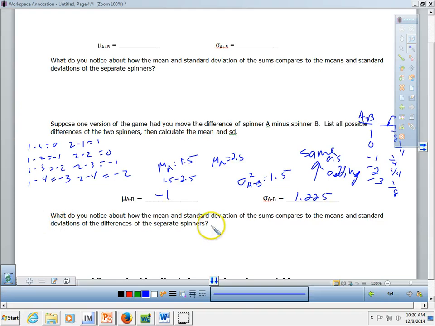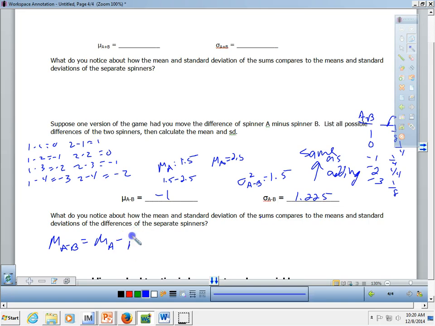So what do you notice about how the mean and standard deviation of the sums compare to the mean and standard deviation of the differences? Well, again, we've got our rules for adding, but apparently when we subtract, we switch over and subtract the individual means.